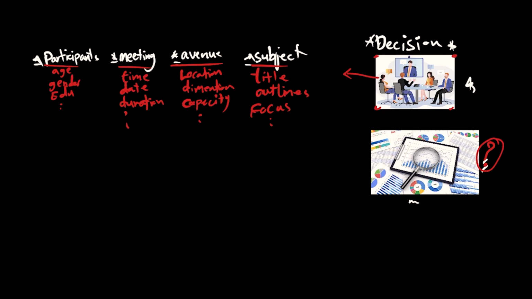So you could see I have just created 4 different groups of data. If I look at this image as a data scientist, I don't look from a subjective perspective at who's sitting in the room, but I look at this matrix of data, sort of a tensor, where I see the image as a participant, as a meeting, as an avenue, as a subject, etc. Let us say there is a way that I could take all these different groups of data and feed them into a box.